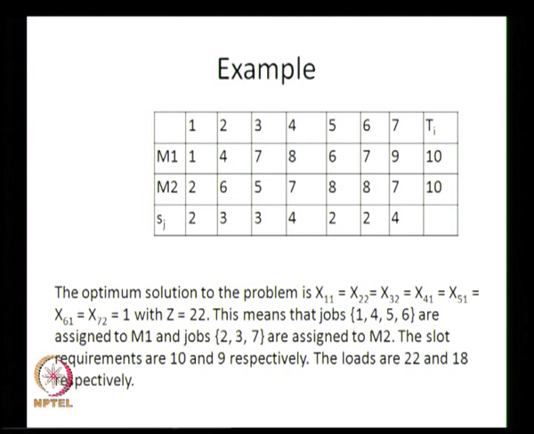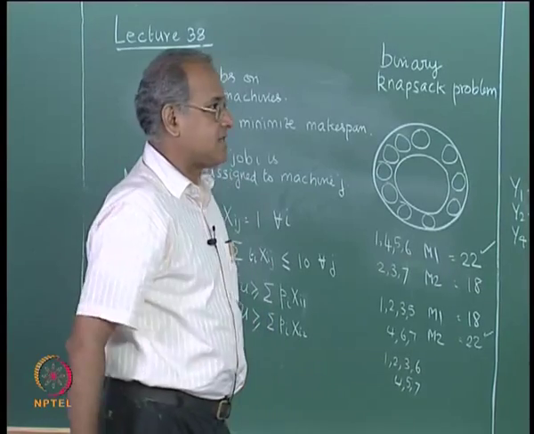But on the other hand, if we consider another feasible solution, which is 1, 2, 3 and 6 on M1 and 4, 5 and 7 on M2, the tools are again satisfied.